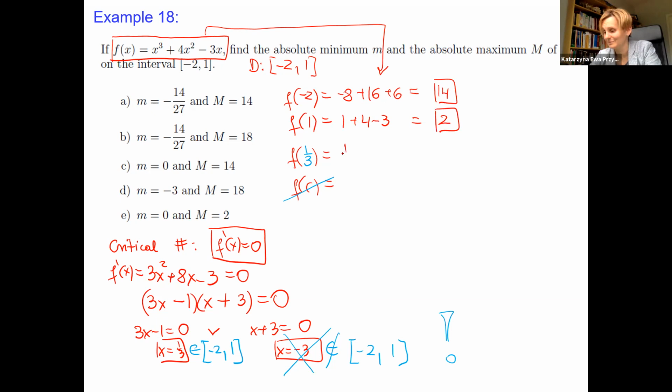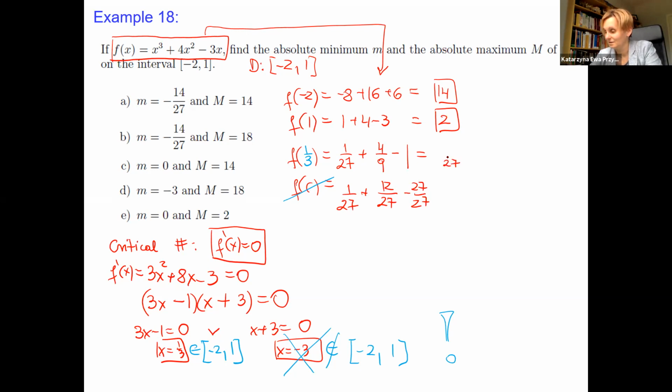And now 1/3. Cubed, 3 cubed is 27. 3 squared is 9. And 3 times 1/3 is 1. What we can do is use a common denominator of 27.